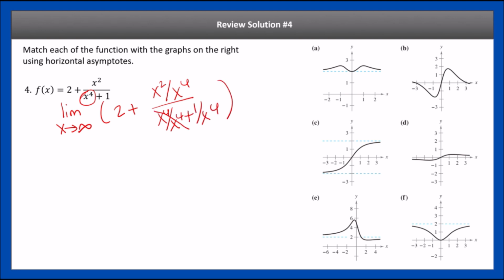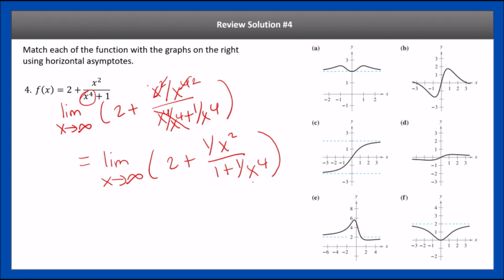So this cancels, becomes 1, and this becomes x squared. So we're left with the limit as x approaches infinity of 2 plus 1 over x squared over 1 plus 1 over x to the 4th.